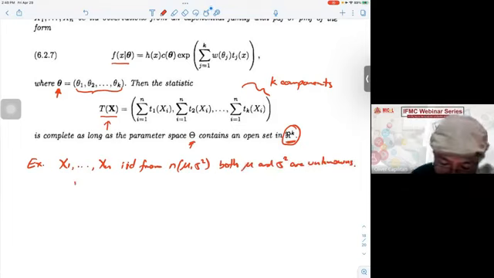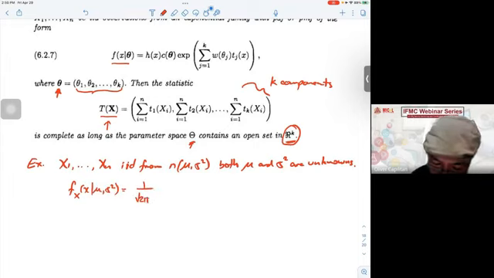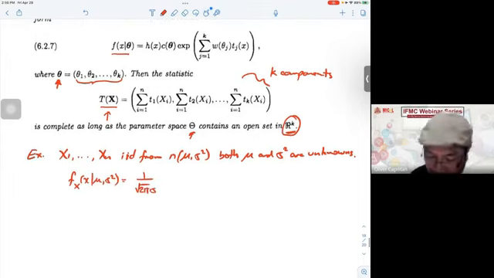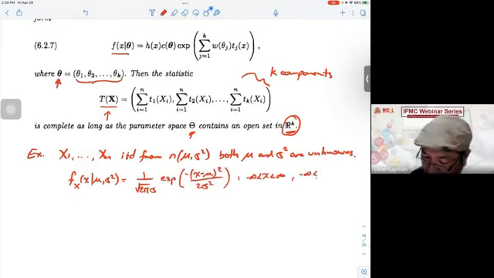So looking at the PDF, ano yung PDF natin? 1 over the square root of 2 pi sigma, we have the exponential of negative x minus mu quantity square over 2 sigma square. And then our x here from negative infinity to positive infinity, all real numbers pala to.